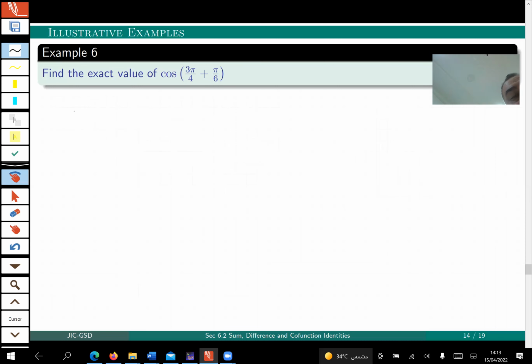Similar idea here: cosine of alpha plus beta will be both cosines, and if this is plus, that will be minus, both sines.